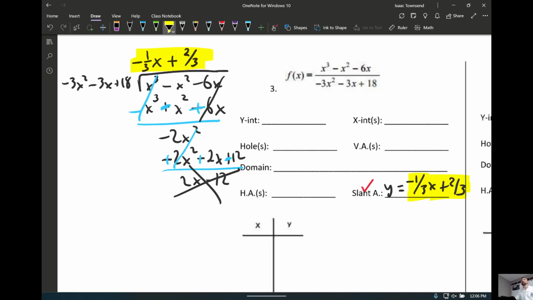And again, some of these on this handout have some fractions like that, but most of the time you don't have to deal with fractions, but it's not going to hurt you. Now, just like vertical asymptotes and horizontal asymptotes, slant asymptotes are also asymptotes. So we should go ahead and graph that as a dashed line as well.